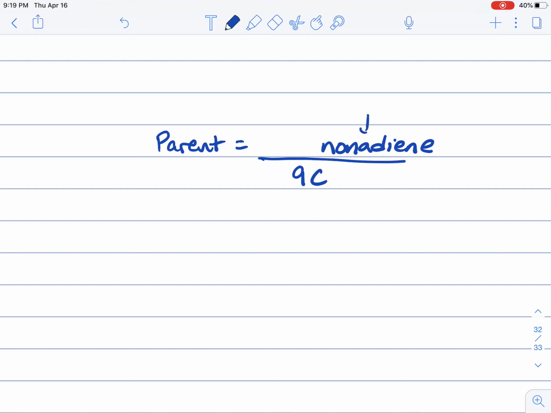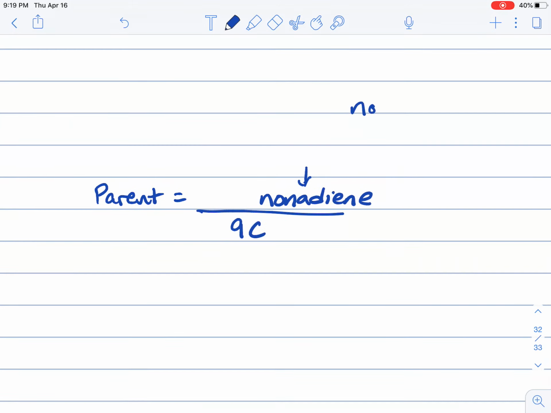And so I just need that vowel to separate the two consonants, the N and the D. Okay, so just think about like nonane, and then you're just going to cross off the NE and add diene. Okay.